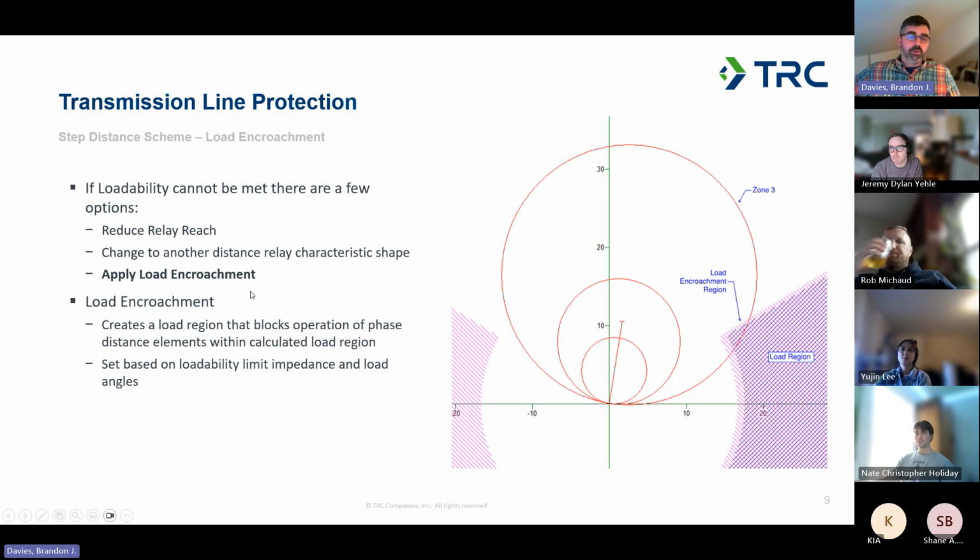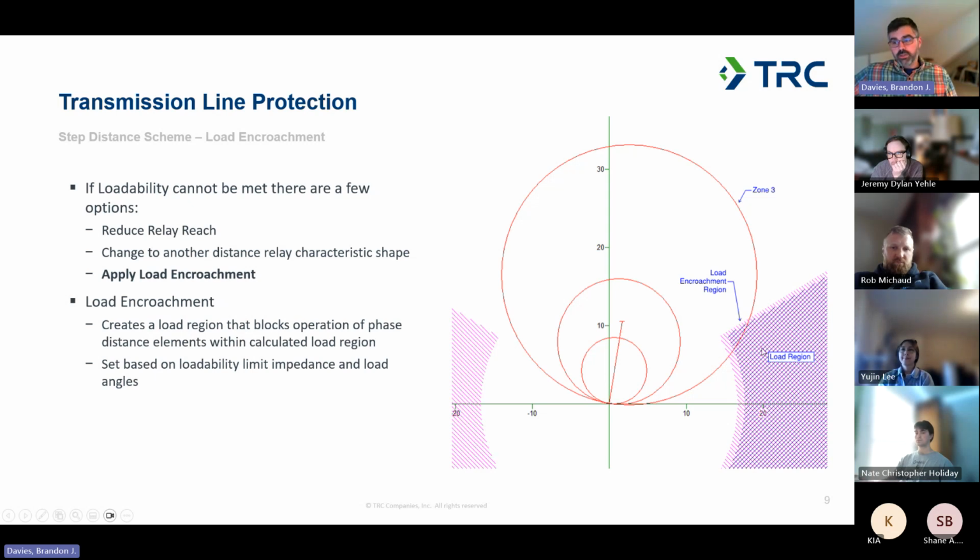But by far the most common way we approach this is applying what's called a load encroachment element. And that's a setting inside the relay that blocks operation of any of your phase distance elements based on a load impedance or load reach and angle.